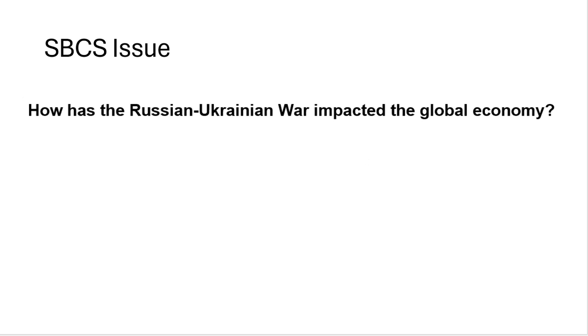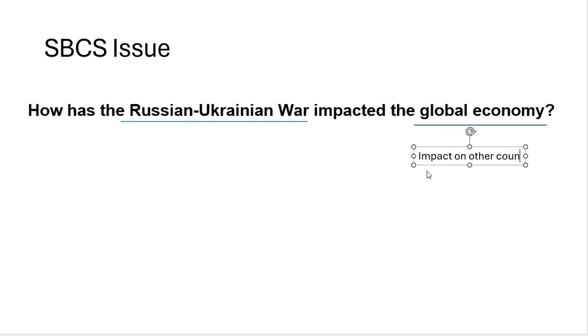So the first thing you should ask yourself is, what are the keywords here? It's clearly the Russo-Ukrainian war and also its impact on the global economy. What kind of repercussions has it had on the global economy? What does this global economy refer to? You should think about what this might mean. It might look at things like the impact on other countries, right? Beyond Russia and Ukraine itself.